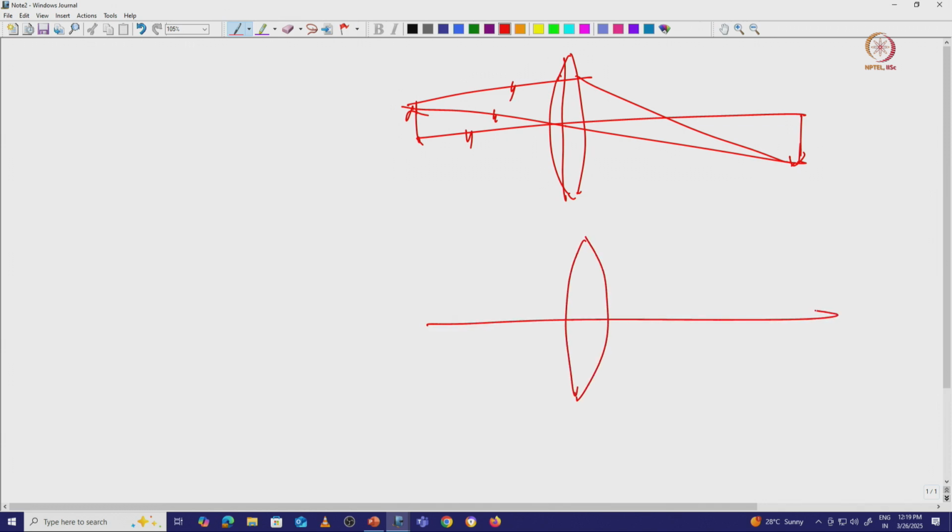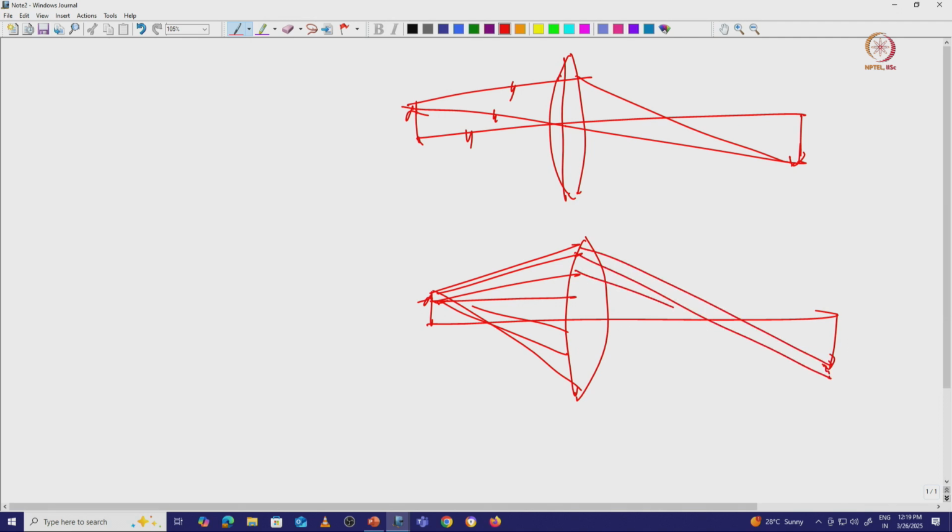But actually, from this particular point, rays are coming in all directions, and then it is giving us an image here. All the rays are converging in one particular point, and then it is giving us an image.